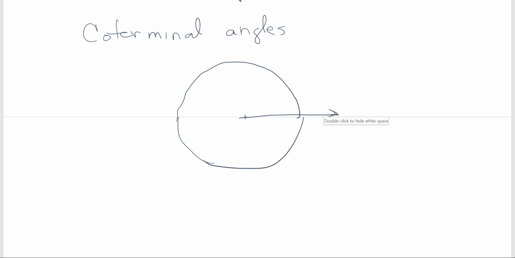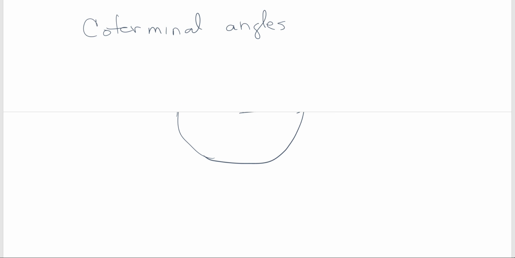Let's draw an angle in standard position, and let's say we're opening upward. And let's say my angle measures in this direction 120 degrees. Well, if I worked backwards, that angle could also be 240 degrees.